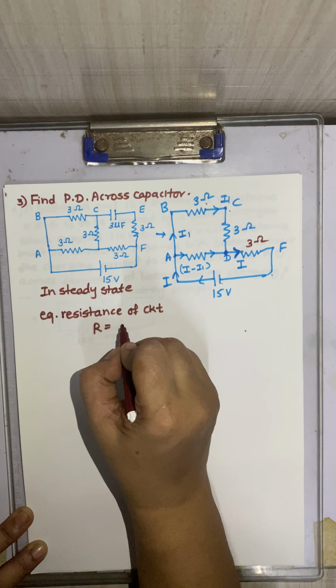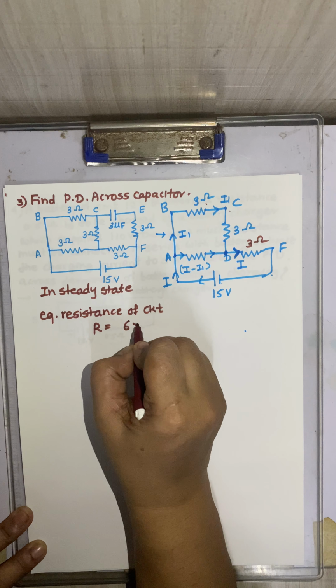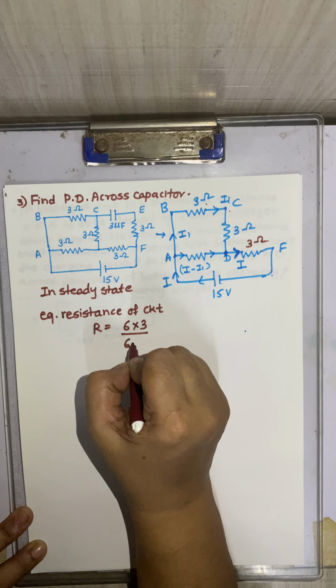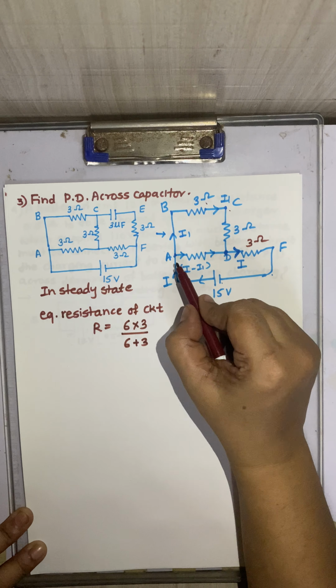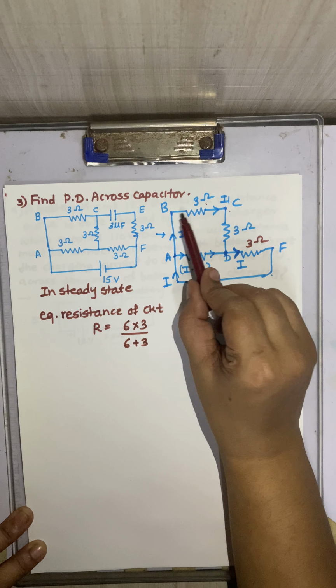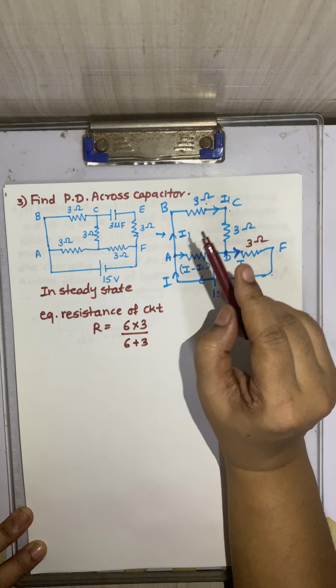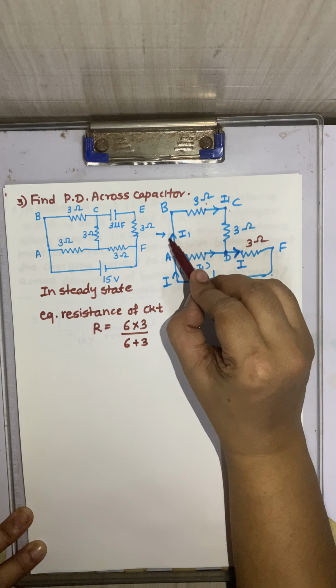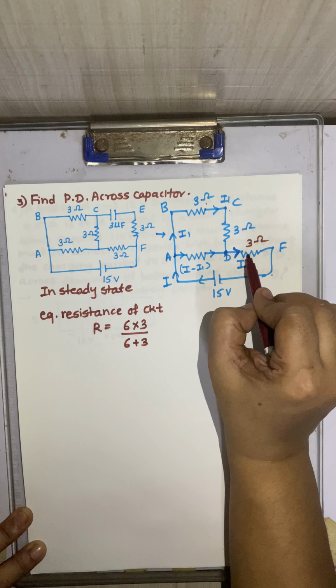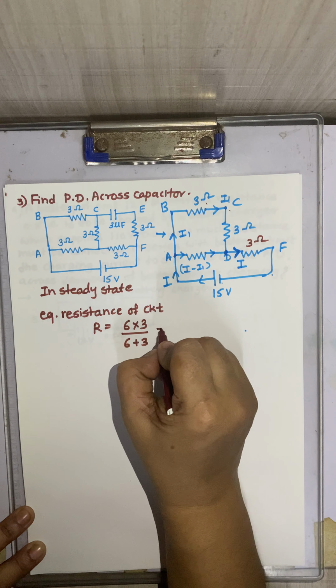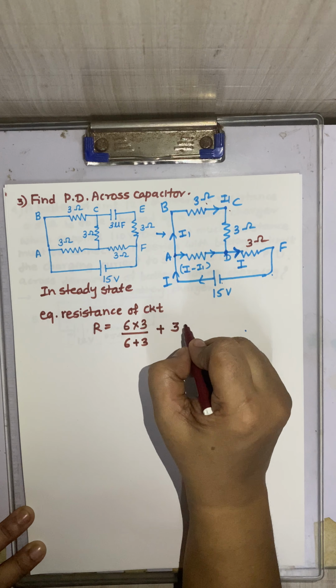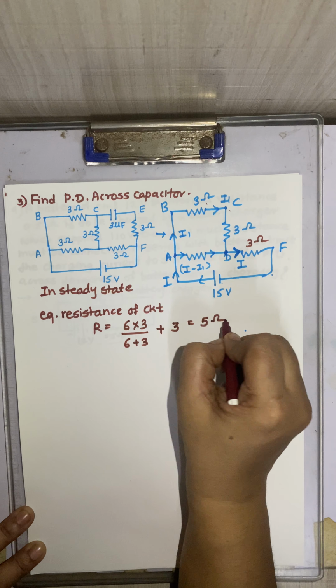So I can directly write down the total resistance: 6 into 3 upon 6 plus 3. This is for A, B, C, D. And this complete combination is again in series with this 3 ohm resistance, so I am going to add just 3 here. So this net resistance is 5 ohm.